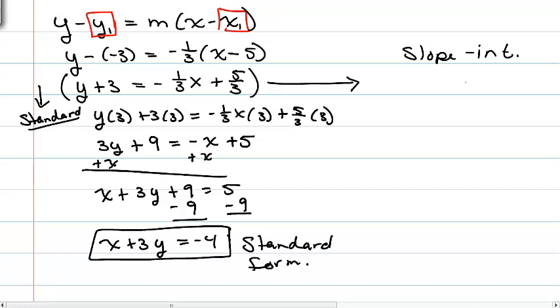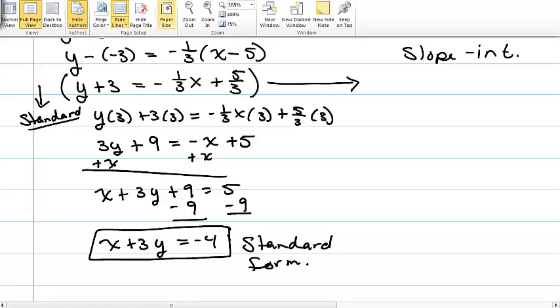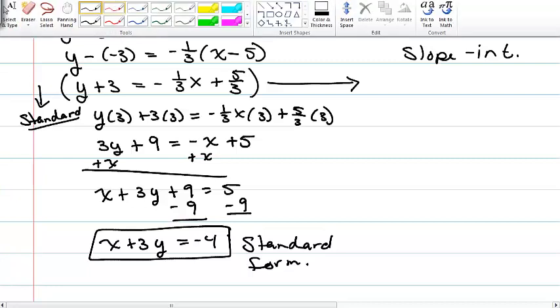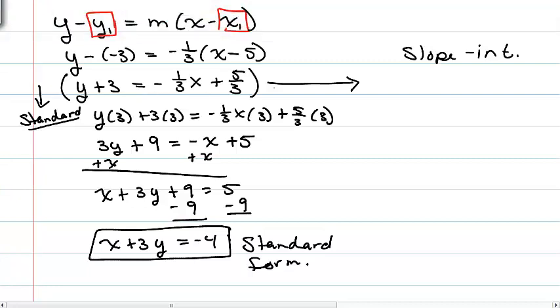To take this into slope-intercept form or function notation, we want to solve this equation for y, and there's only one other thing that we would need to do. Let me just change colors here. So we're going to go into slope-intercept form, and that's to subtract this 3 from both sides.